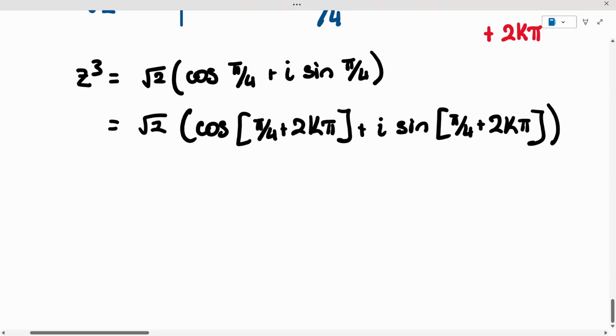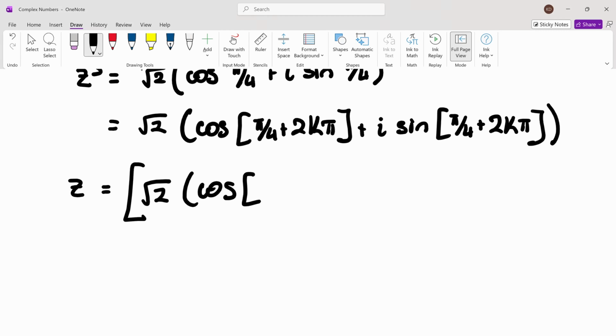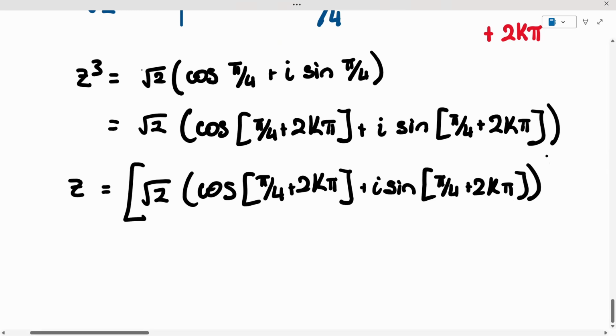Okay. So just like when we have regular polynomial equations, let's say we had x cubed is equal to 1, then x is equal to the cube root of 1. So if we have z cubed is equal to this, z is equal to the cube root of this entire thing: root 2 cos of pi on 4 plus 2k pi, plus i sine of pi on 4 plus 2k pi, all to the power of 1/3.